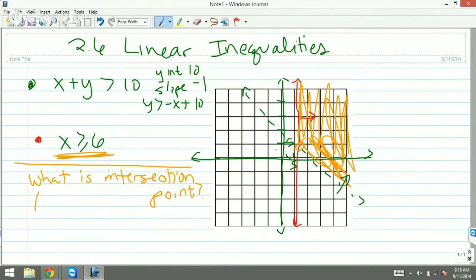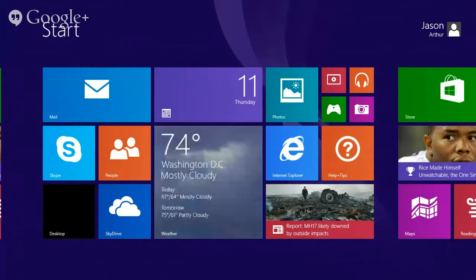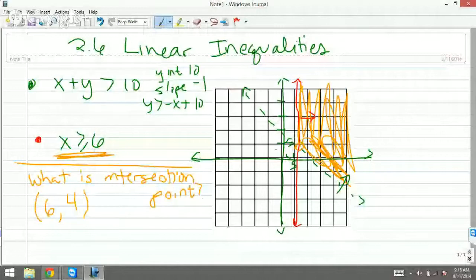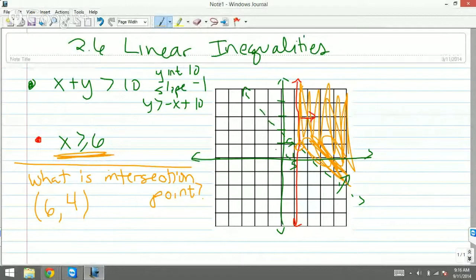So what's the y value? 4. Okay. So again, caution you, you can look at it on the graph and it would be approximate. But the only exact way to do it is to take the 6, plug it in for x, and solve. You will have to be able to use that skill for 2.7.